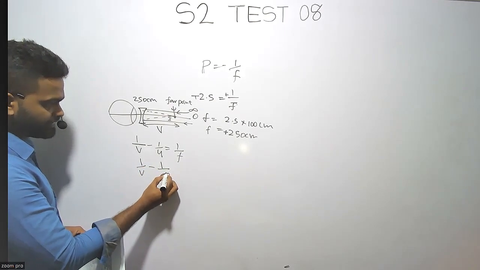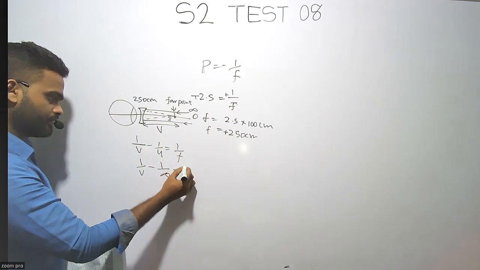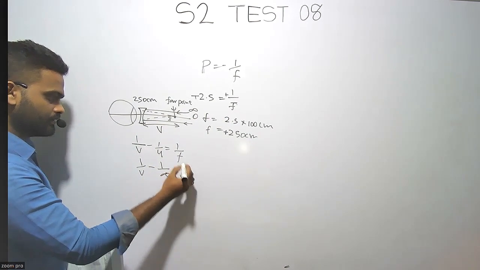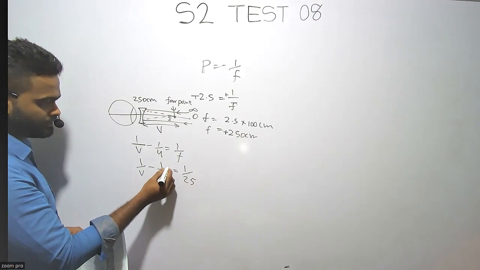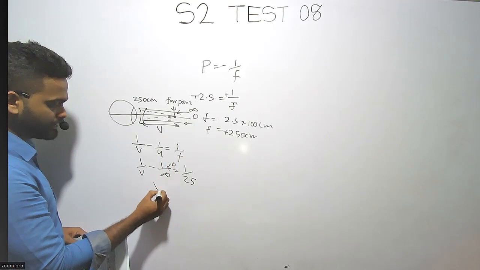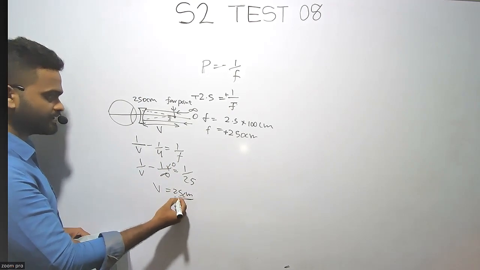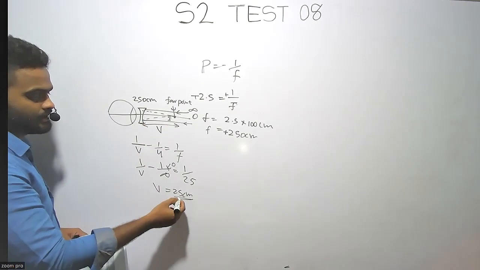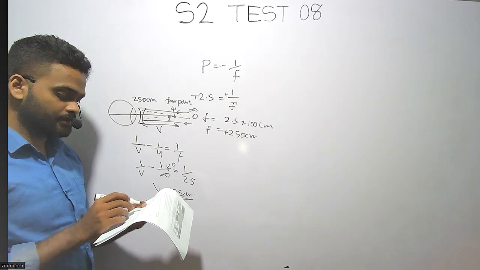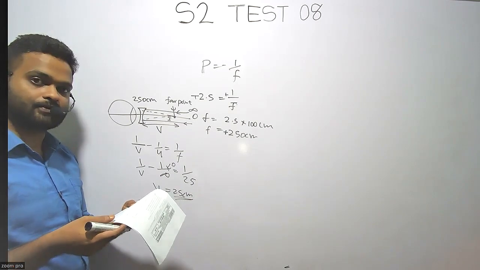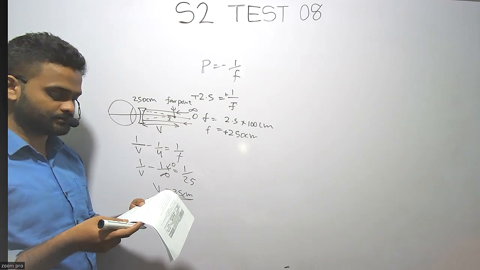U is infinity, object is at infinity. F is 25 centimeters. Then you know 1 over infinity is 0. Then you can flip this both sides, then you can get 25 centimeters as the image distance. So this is the distance to the far point, right? So the answer should be second one for fifth question. 25 centimeters.